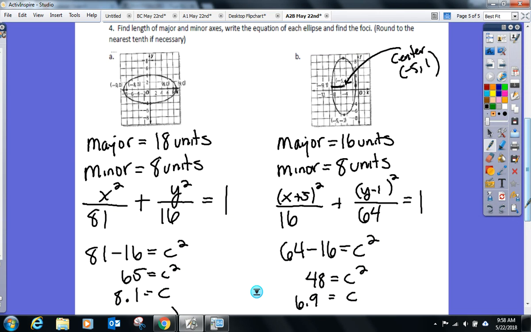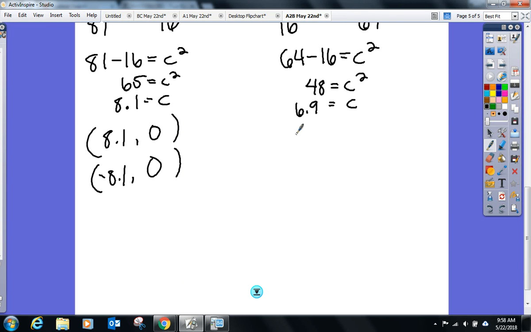You guys know where the center is. Should you guys be going left, right, or up and down to find these foci? Up and down, because it's on the major axis. Yep. So what coordinate's not going to change if you go up and down? Okay, so right here, your foci should be negative 5 comma something, negative 5 comma something. And you should be adding and subtracting 6.9 to that y value.